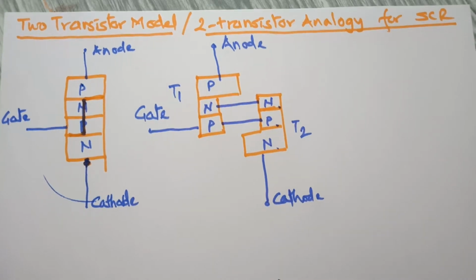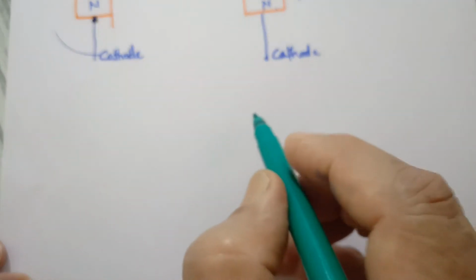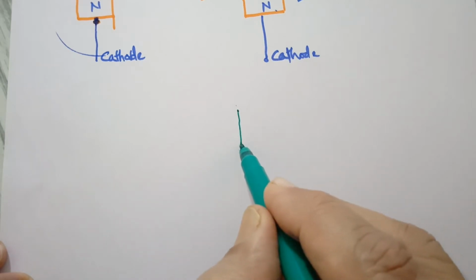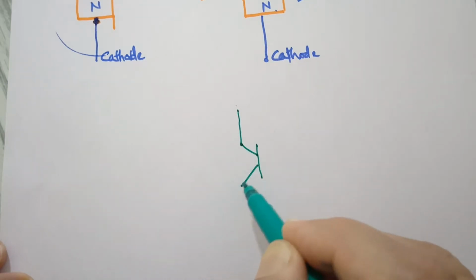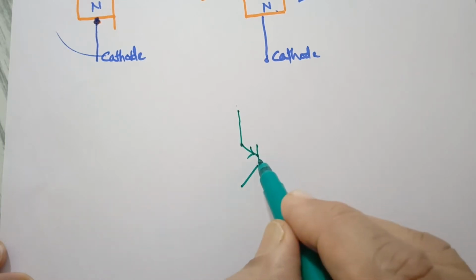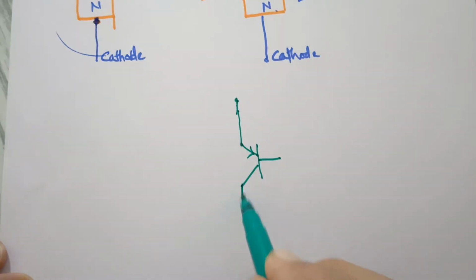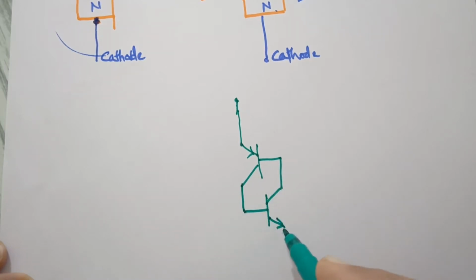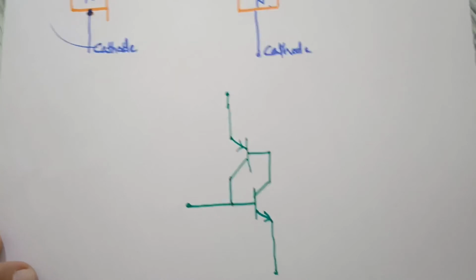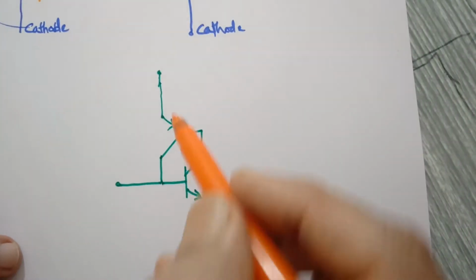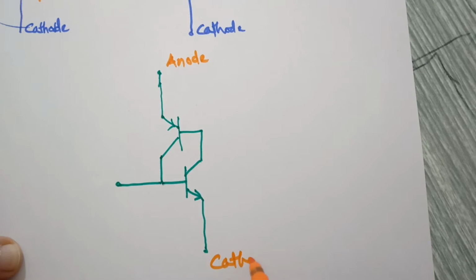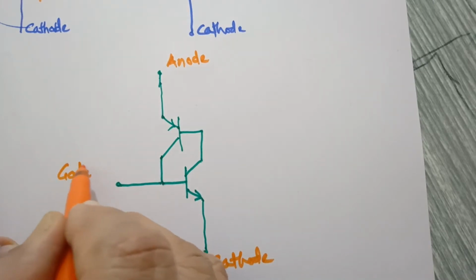So the circuit for this would be like this. Let us consider this as transistor 1, P N P, and this is N P N. So this is anode, cathode, and gate.